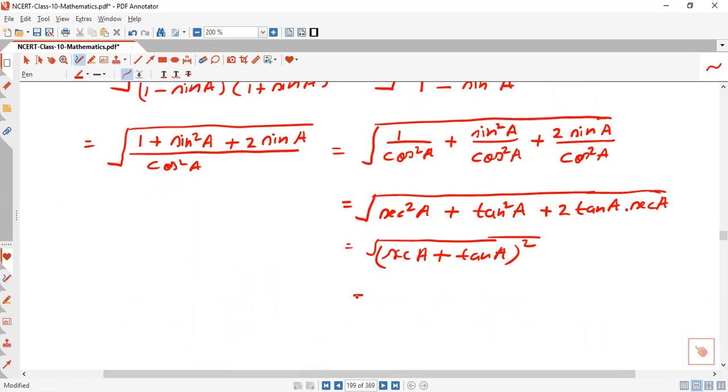So it becomes sec A plus tan A. This is the appropriate step.